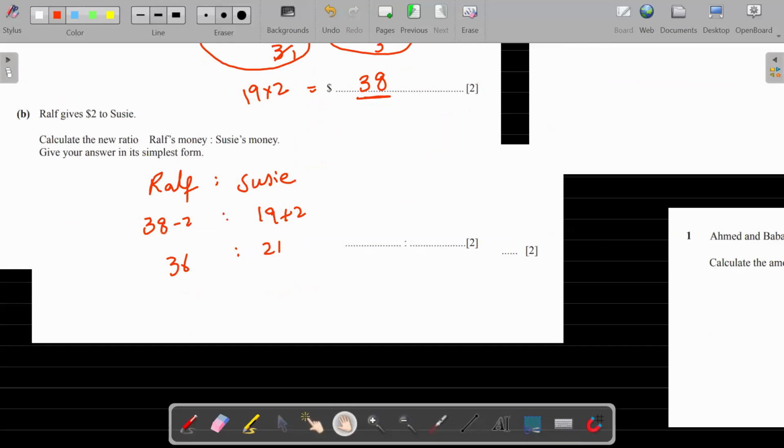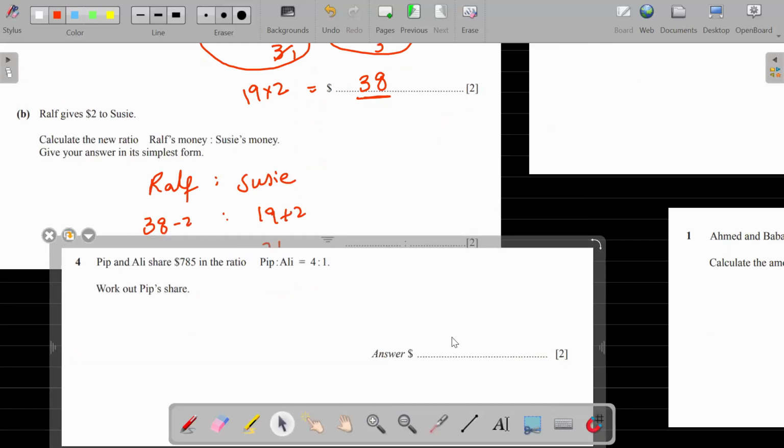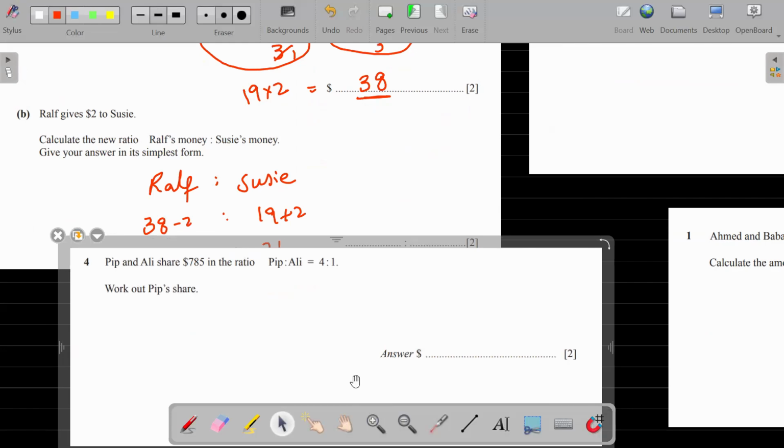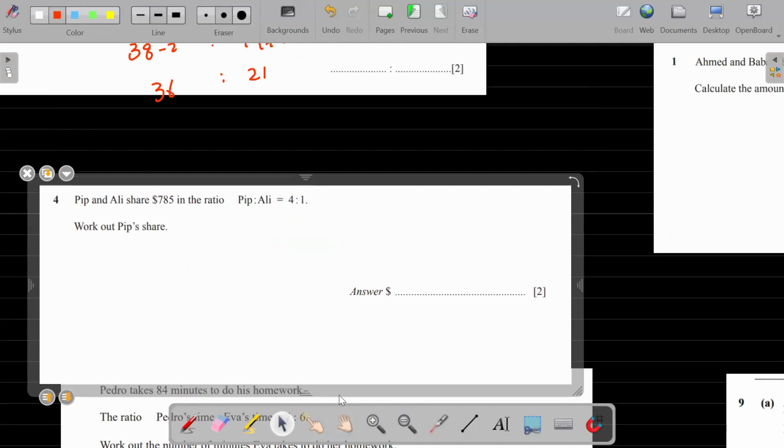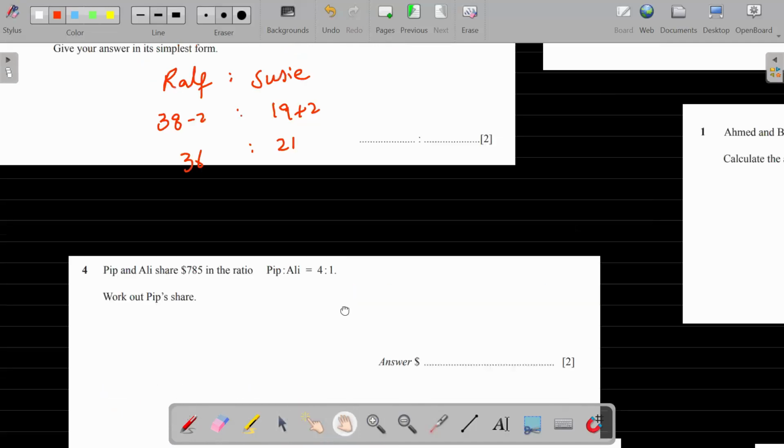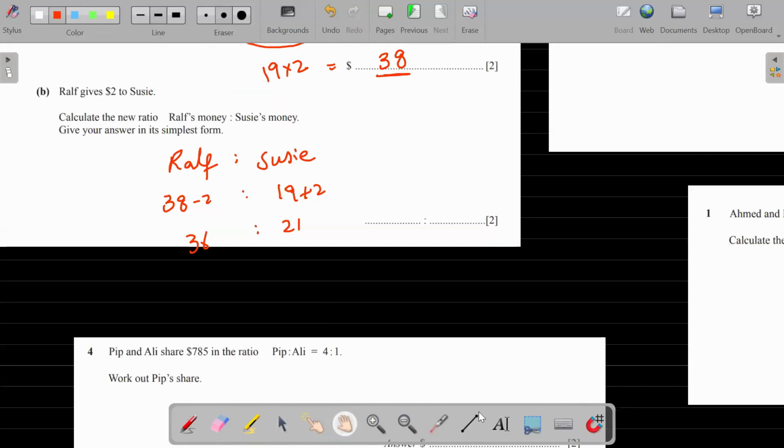Okay, let's simplify it now. One minute, let me make some space. I'm going to simplify over here. So let's divide by 3. 36 and 21 are both divisible by the table of 3.